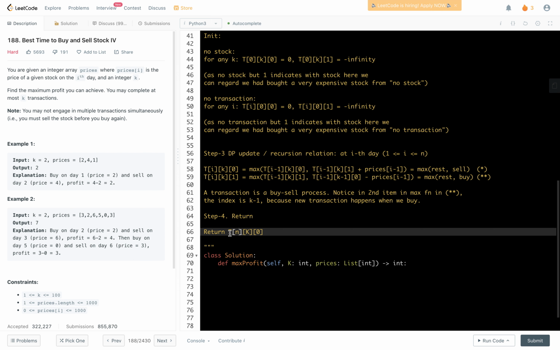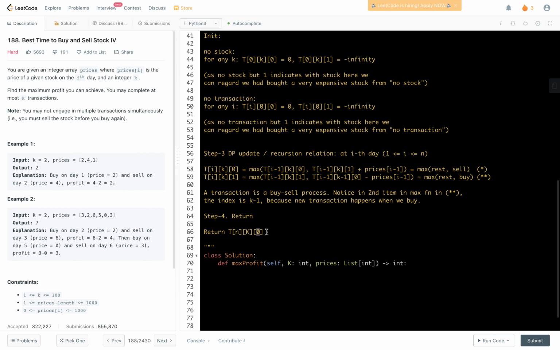Finally, we just need to return T[n][k][0]. In order to maximize the profit, we must sell all the stock. So after the final day, we must have no stock in order to maximize the profit.